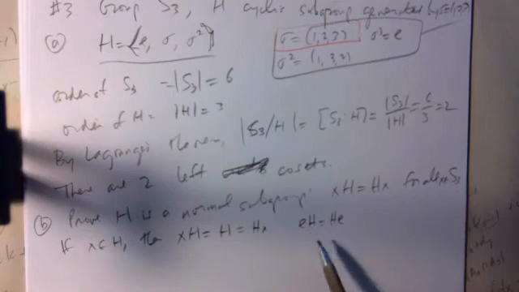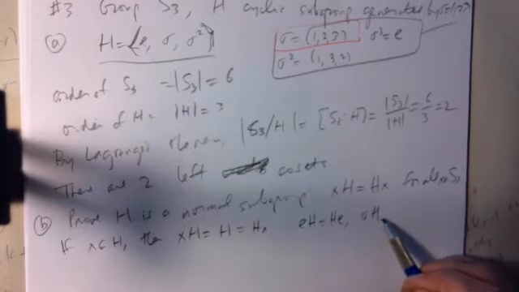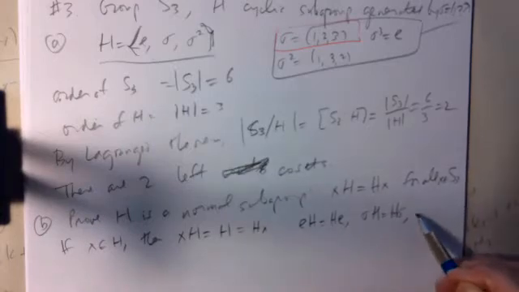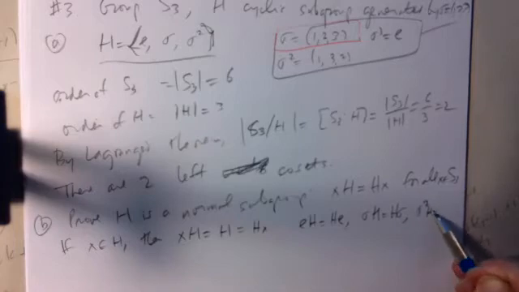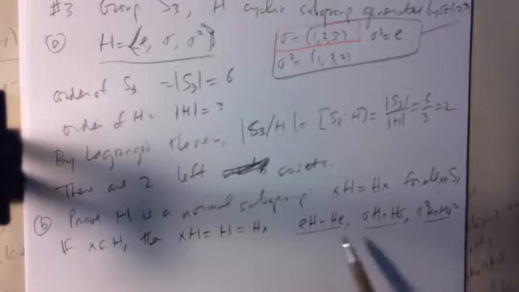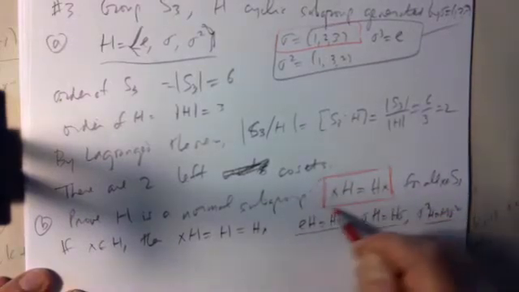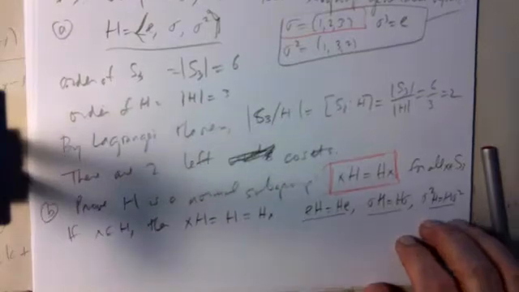Of course, this is obvious because this just says multiply everything by the identity and nothing changes. Sigma H equals H sigma, and sigma squared H equals H sigma squared. So for 3 of the elements in the group, E, sigma and sigma squared, we know that this condition has to be satisfied.